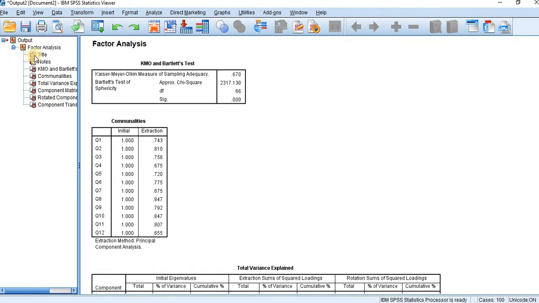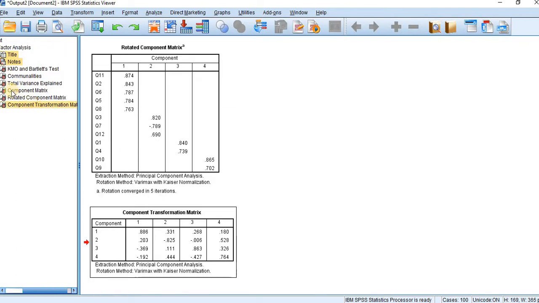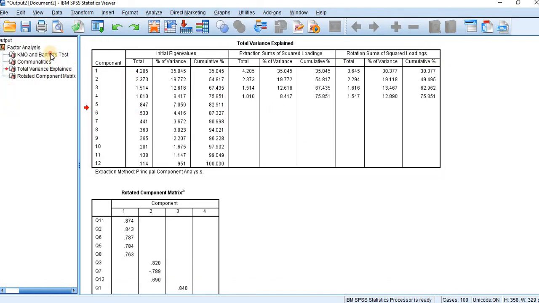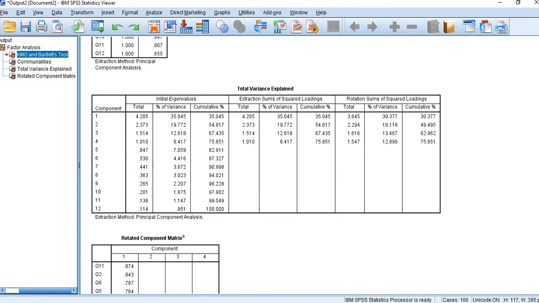We have the result. First, KMO sample adequacy, it is 0.67, communalities, and the total variance extraction with eigenvalues. There are 4 factors extracted.